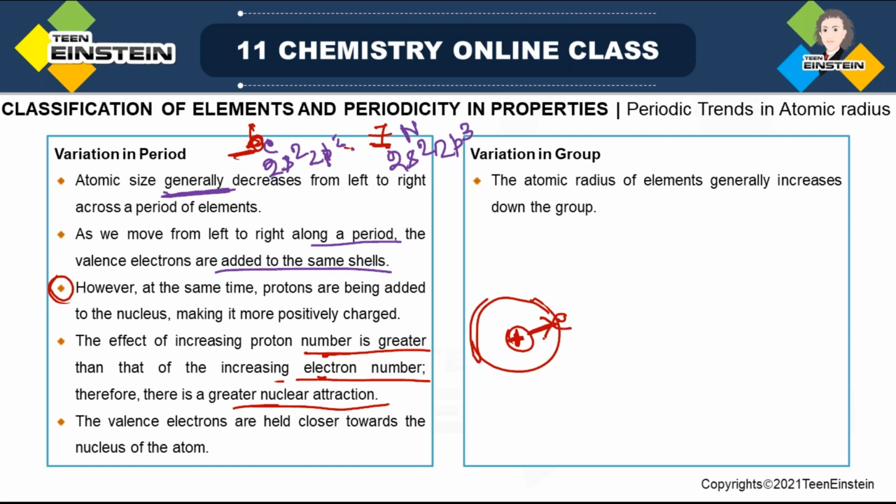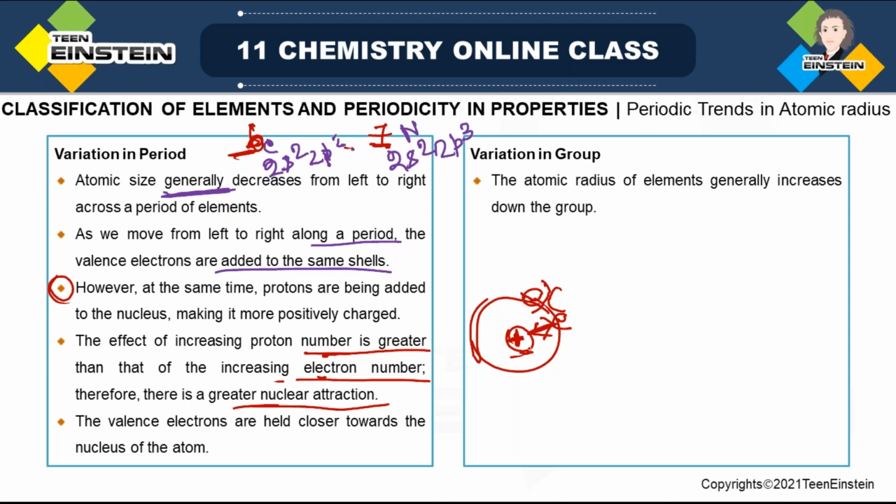So there is some attraction. Now, you are adding another electron. There will be some repulsion also. Because of this repulsion, you can expect some increase in size because they will try to move apart from each other. But it is also true, as you are moving from left to right, this positive charge is also increasing. So the attraction between the nucleus and the outermost electron will also increase.